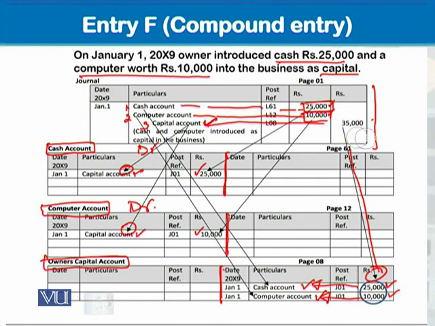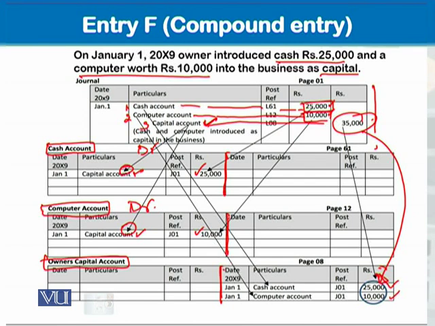Just concentrate on this concept: whenever you have to place in the accounting head an amount which has two debits or two credits, we have to split that amount into that many numbers.